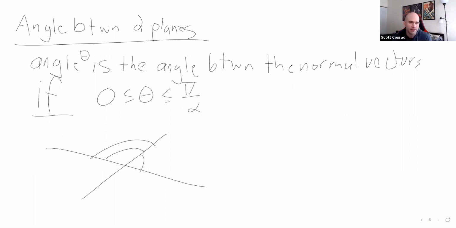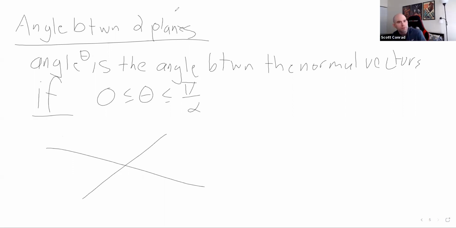Because the two angles have to add up to pi. So the way we're going to measure the angle between planes is we're going to take the smaller of those two. So pretend you're looking at the planes from the side. We're going to take the angle which lies between 0 and pi over 2.